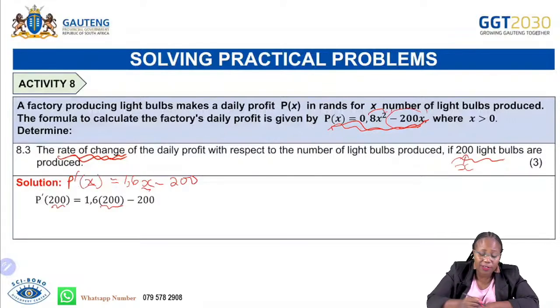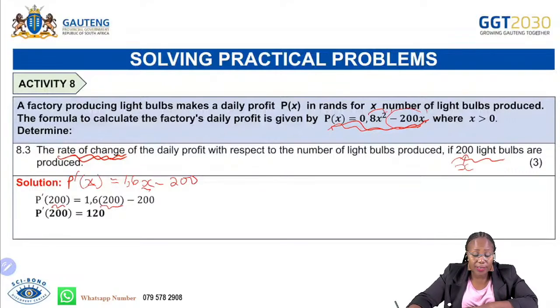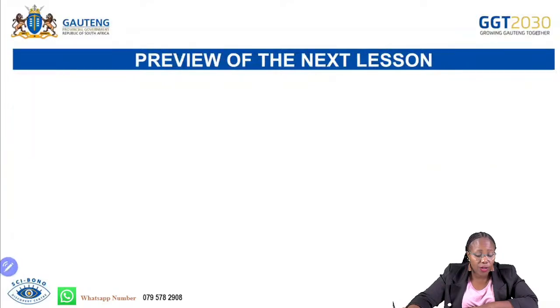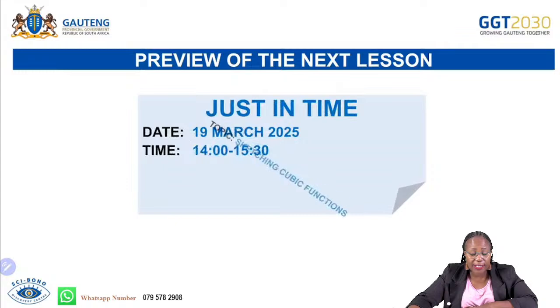As you can see, we have substituted x with 200, and this is giving us how much, grade 12? At 200 bulbs, the rate of change of profit will be 120.